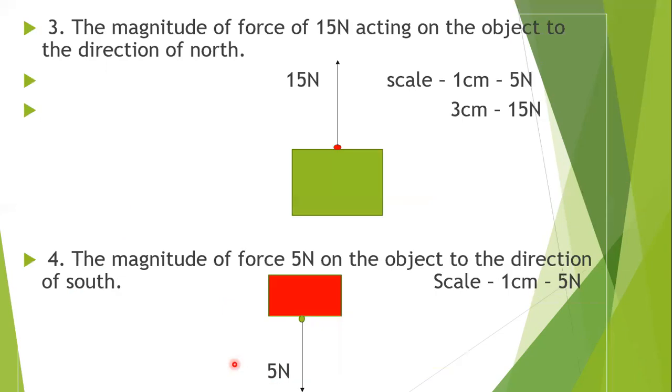Third example. The magnitude of force of 15 Newton acting on the object to the direction of north. Here is the object. Dot represent point of application. When you are representing magnitude from length, you have to write scale. 1 centimeter represent 5 Newton.